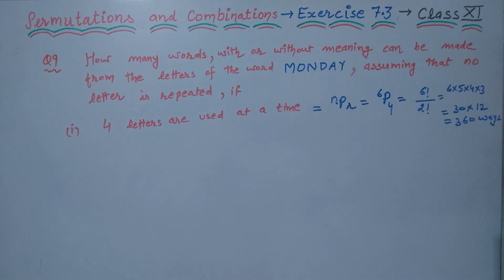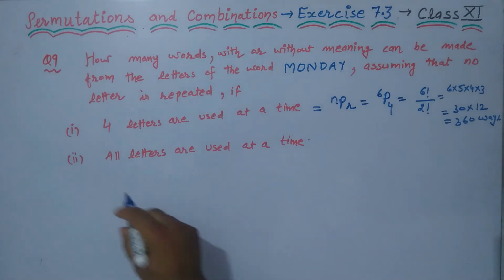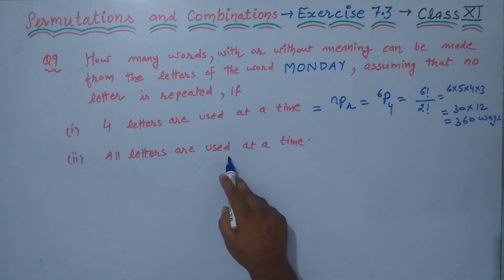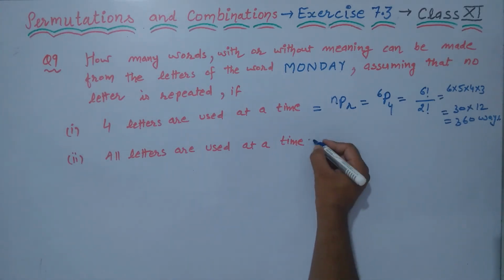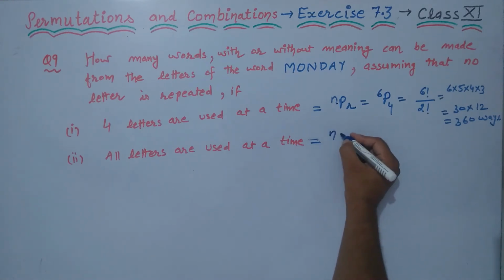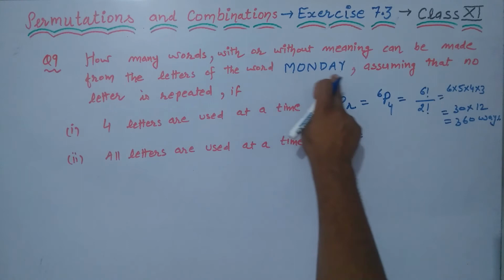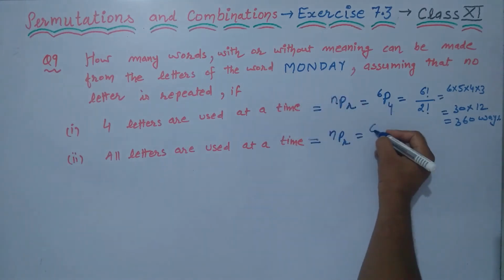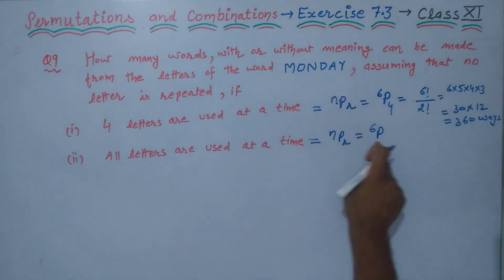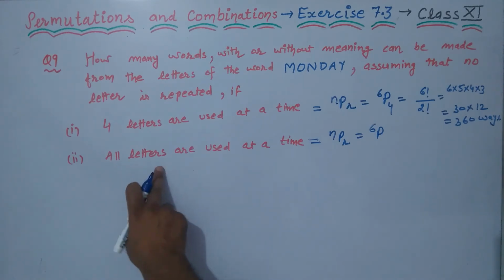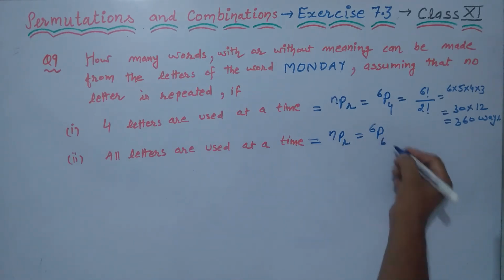Now coming to the next part. The second part is all letters are used at a time. So here again we use nPr. n means how many total letters are there? They are 6. And r, how many letters are we using? All letters, out of 6 we are using 6.